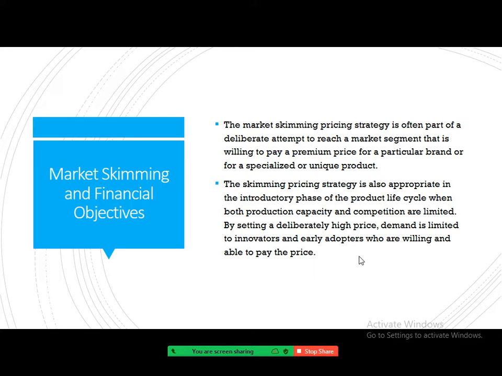When the product enters the growth stage of the life cycle and competition increases, manufacturers start to cut prices. So first they use the skimming price and then they use the price cut strategy.